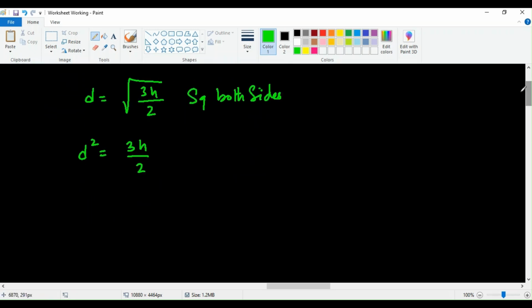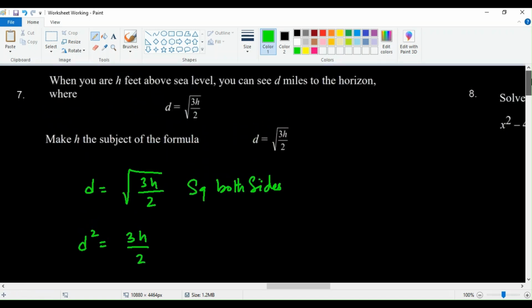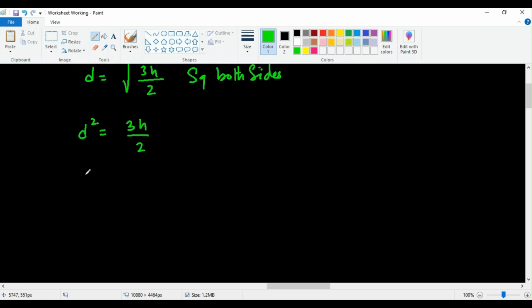Now we need to make h the subject. That means 2d square, because 2 is dividing on the right hand side, on the left hand side it goes and multiplies 3h. That means h is equal to 2d square over 3. This is going to be the answer, and you get full marks for this type of question.